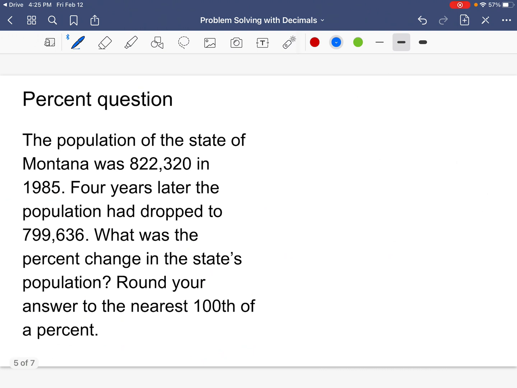Another area where we can have negative decimals is with percent change. So the population of Montana dropped, we see here. So we're going to have a percent decrease. What was the percent change? It's going to be a percent decrease. And so my strategy is going to be calculate the percent decrease.